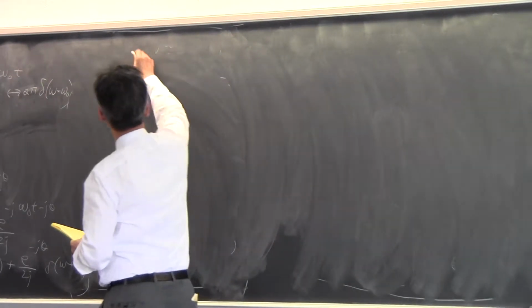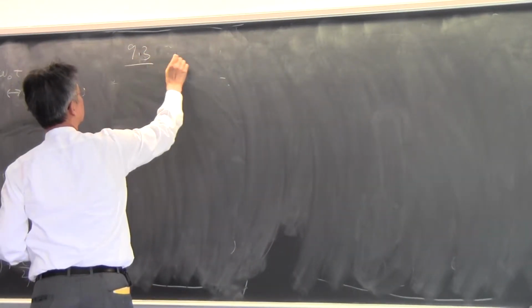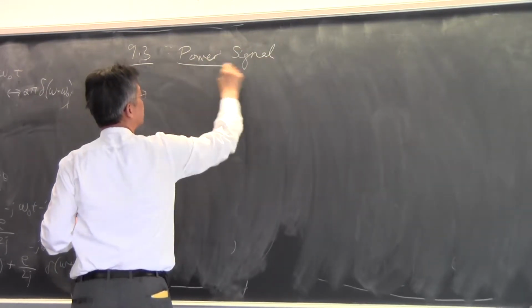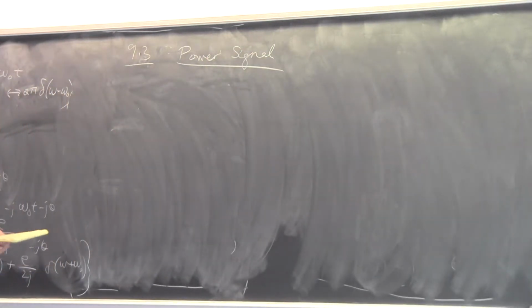First, we have to learn the concept of power signal. What is a power signal? Power signals are signals that have finite time average value at an instantaneous time, but actually have infinite energy.